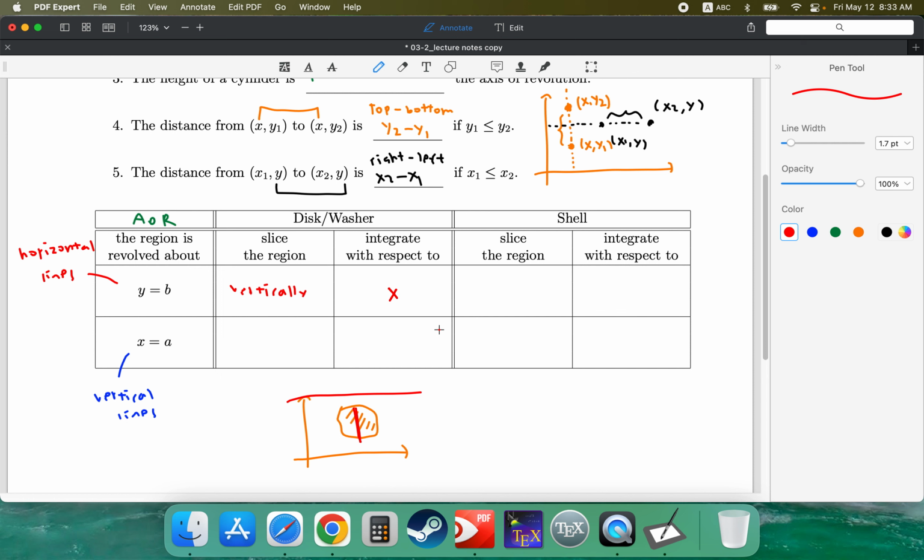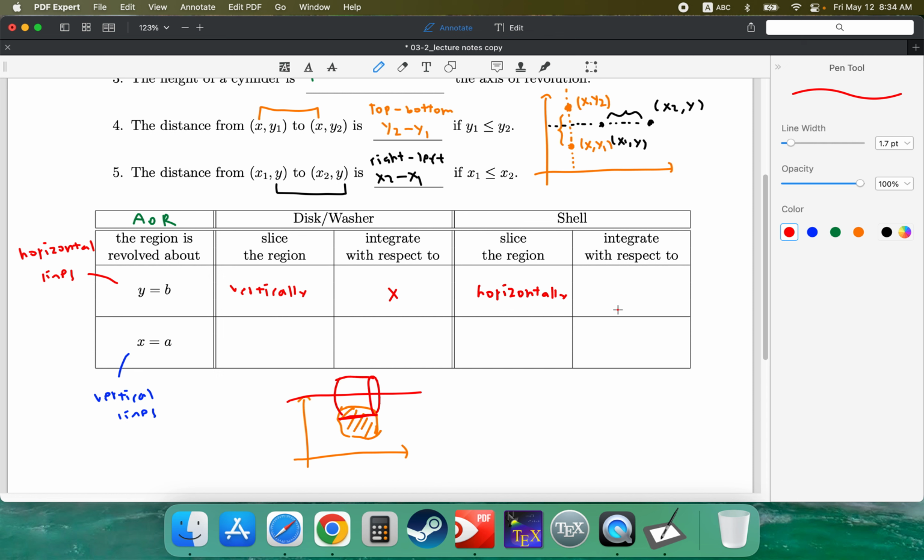Now, if we're using the shell method, and you cannot visualize this, you can just think of it as the opposite method. For the disc and washer method, you slice the region vertically, but if you want to use the shell method, you need to slice the region horizontally so you can form a shell.